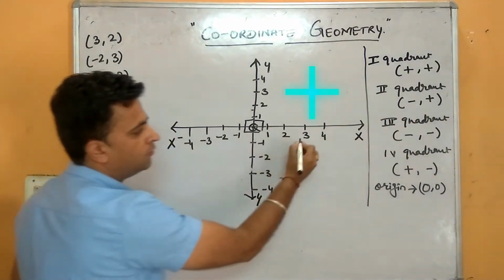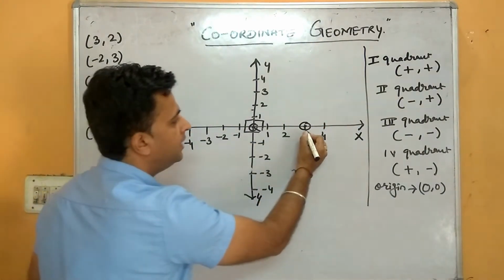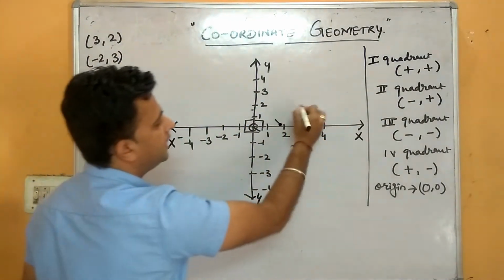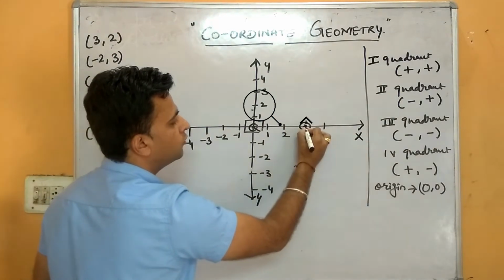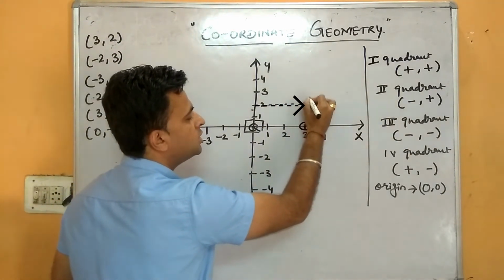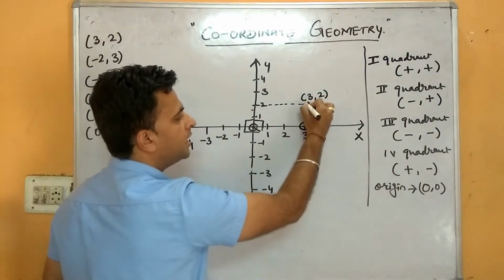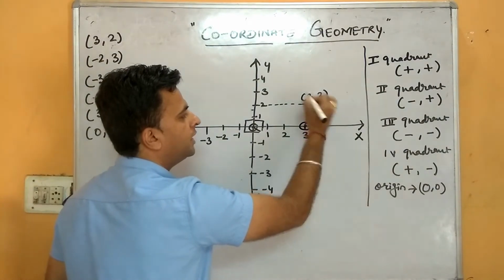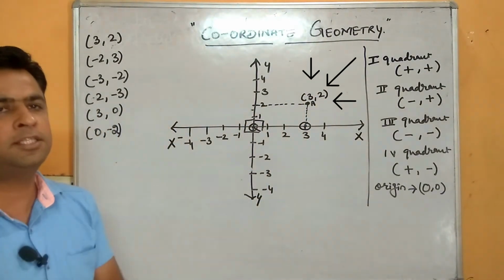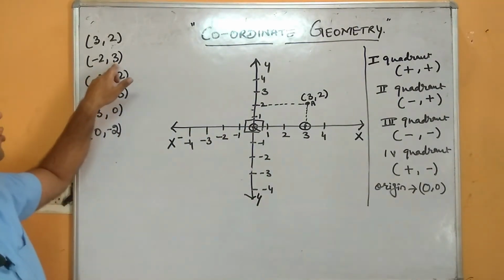First of all we will plot the value of x as abscissa, and then we will plot the value of y, that is equal to 2. So we will take the perpendiculars at this point, that is 3 and 2, and we can give the name A to this vertex, or any other name. Second, we have the point minus 2 and 3.